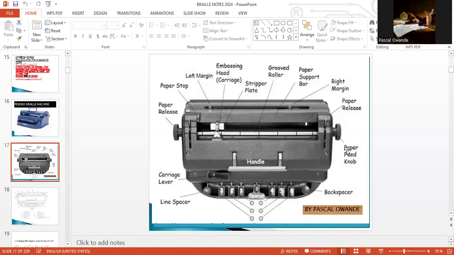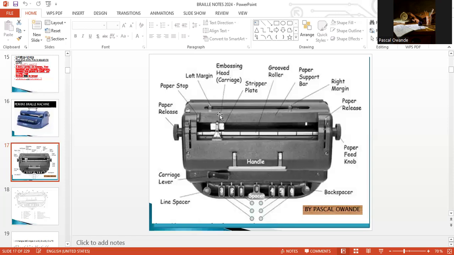Then we have the paper feed knobs, which are now the ones called the Braille ears. They are used to feed the brown paper, the white Braille paper, into the machine and out of the machine. We have the handle that is used for transportation or carrying of the Perkins Braille machine.